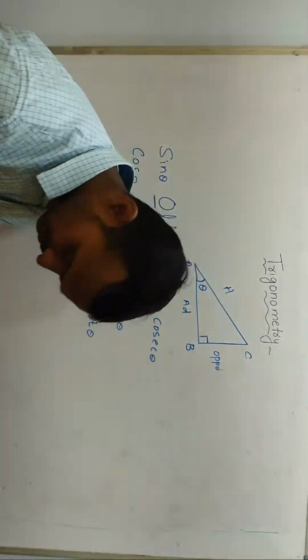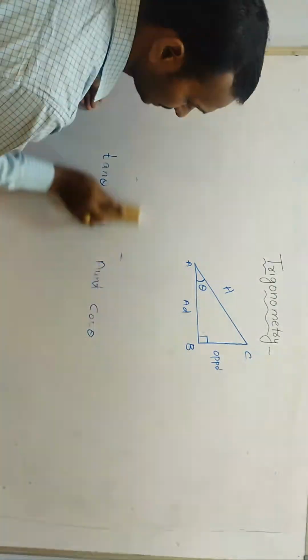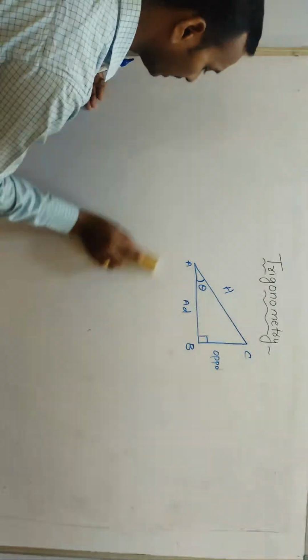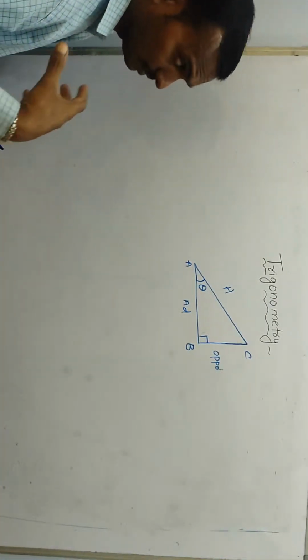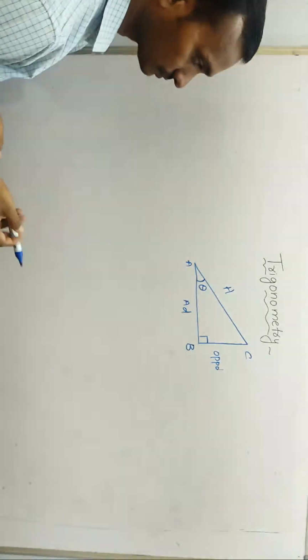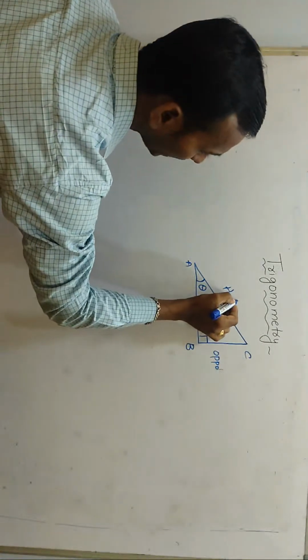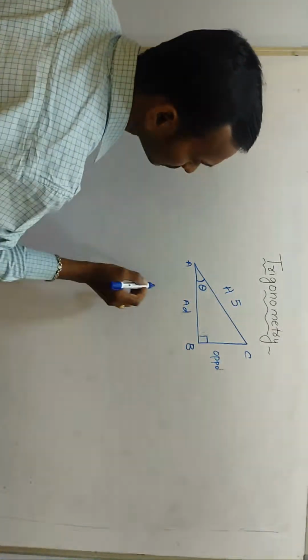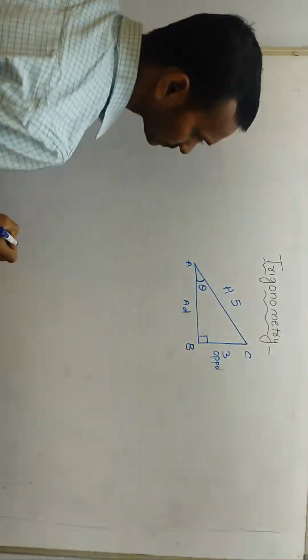For example, how will the problems be on these trigonometric ratios? I will give you one example. With the help of that, we can understand how these trigonometric ratios will help us. So for example, hypotenuse is 5, adjacent is 3.